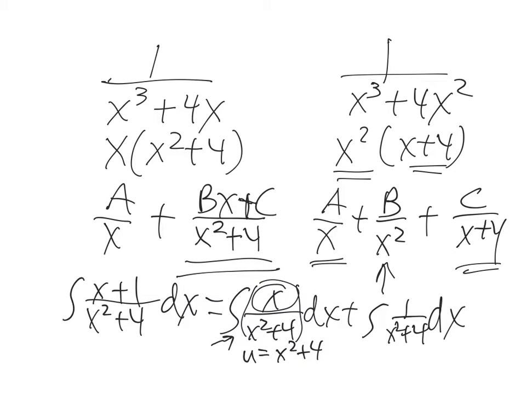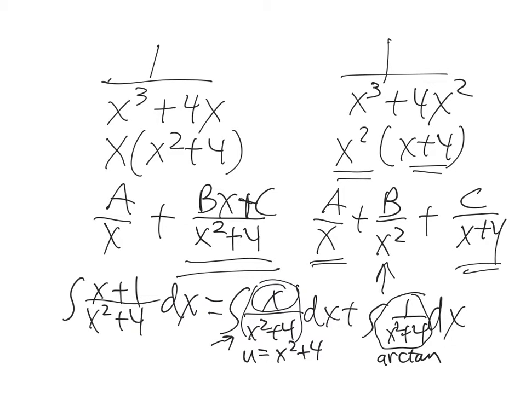And then what about this one? Partial fraction. Not with the x squared plus 4. It's just natural log, right? Not natural log. It's one of our formulas. Arctangent? Yeah, arctangent.